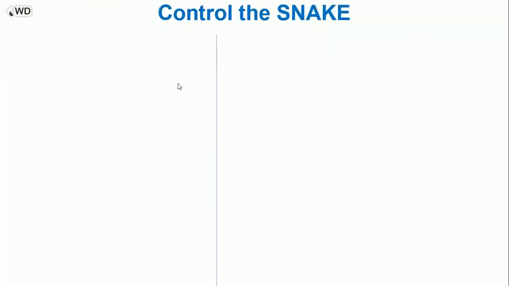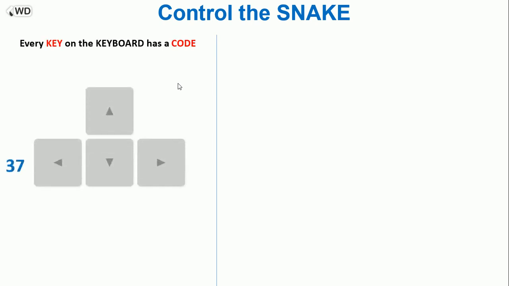Now to control the snake we will use the arrow keys from the keyboard, and what you have to know is that every key on the keyboard has a code. For example, the left key, its code is 37, then 38, 39 and 40. Then to know which key was pressed by the player, we need to add an event listener to the document, which is keydown. And then we run this function, direction.